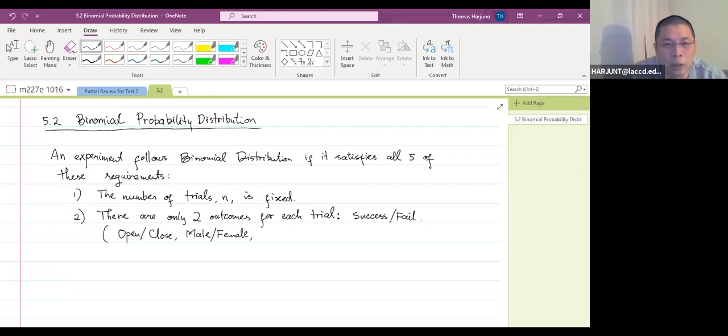So please don't take it as if that's what I believe to be correct. It's just for the sake of teaching you binomial distribution. Male, female, yes or no.